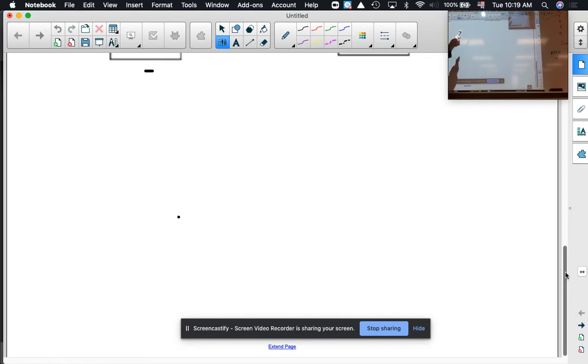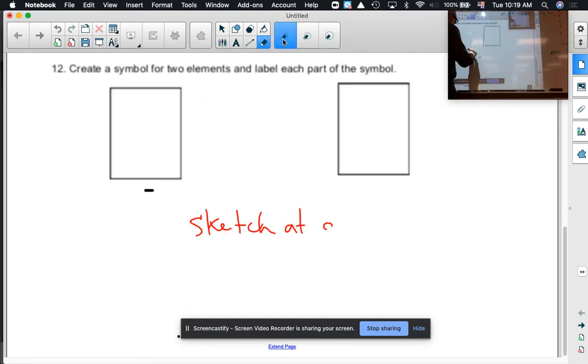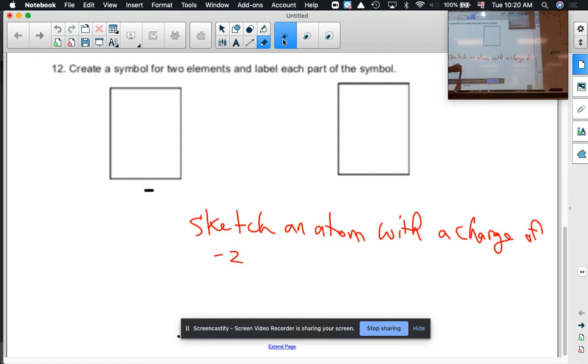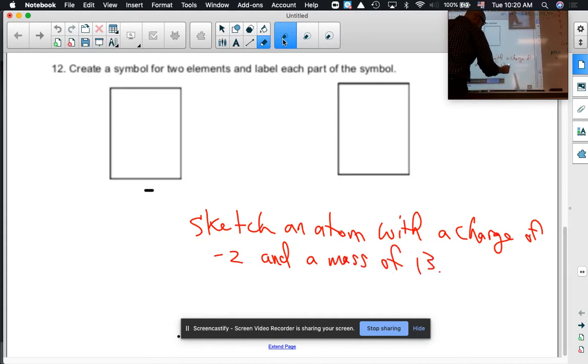All right, here's what I might ask you to do. I would say something like, sketch an atom with a charge of -2 and a mass of 13.